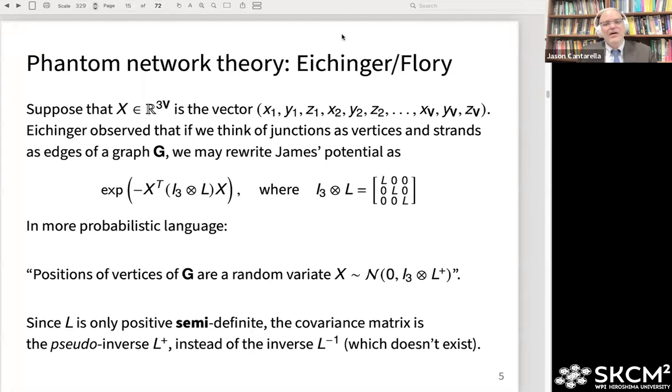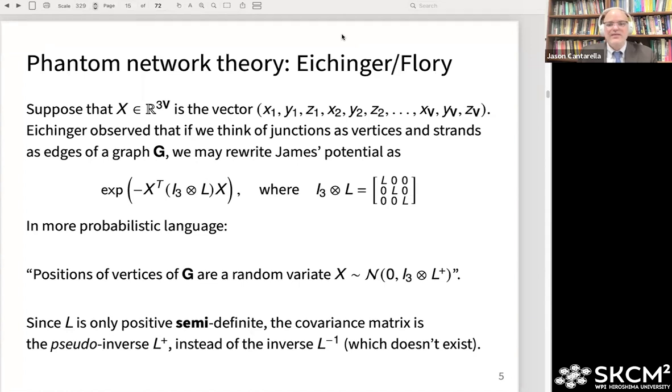So a weird way to say this, but a useful one, is that the positions of the junction vertices of the graph are some random variable. It's a vector valued random variable on R^3V, 3 times the number of junctions.